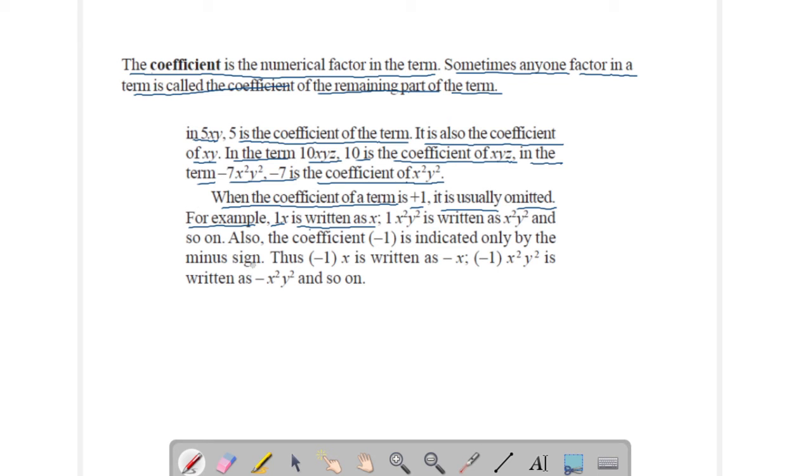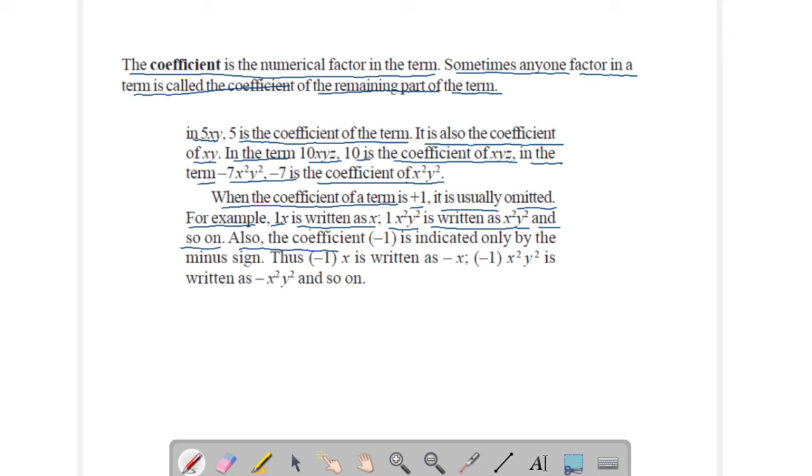If there is no numerical value of any term of an algebraic expression, then we take 1 as numerical coefficient. 1x square y square is written as x square y square, and so on.